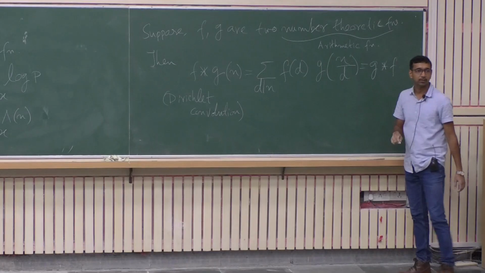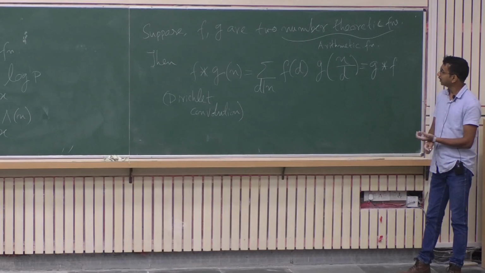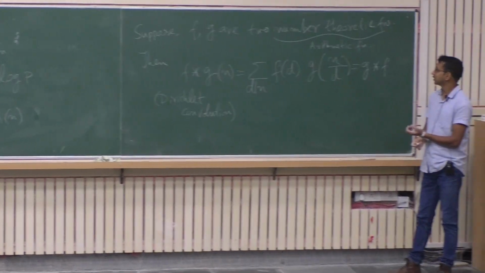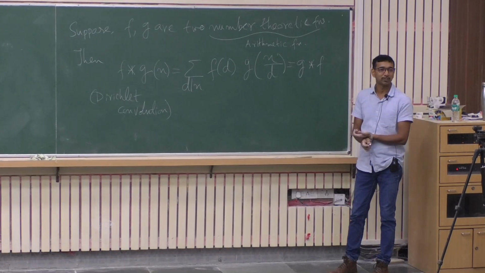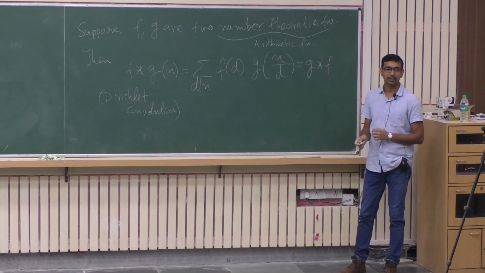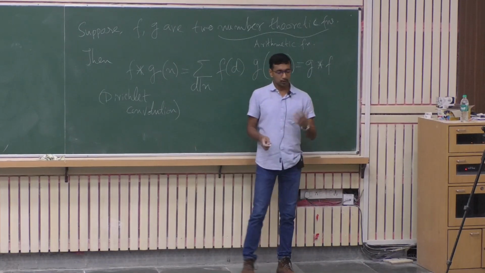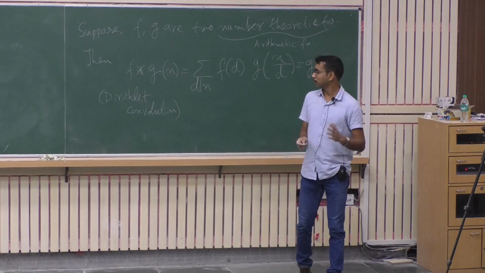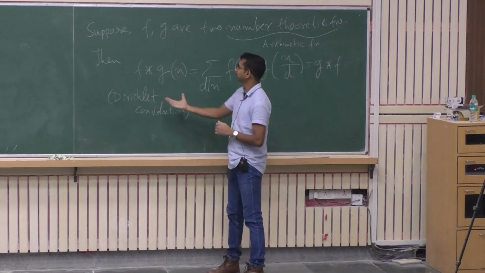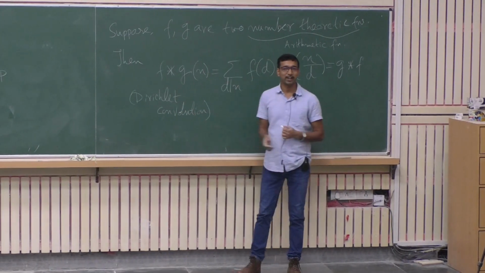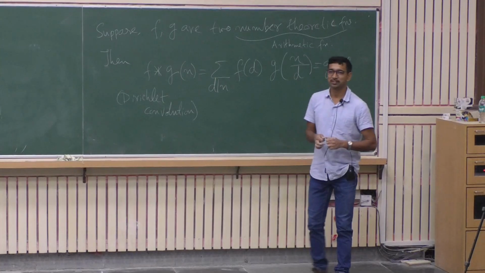Very easy, this. Now the next thing: is there any identity element of convolution? That is, what I want to say is, is there some identity function, some function with which you take the convolution of f and you get f back? What function should it be?